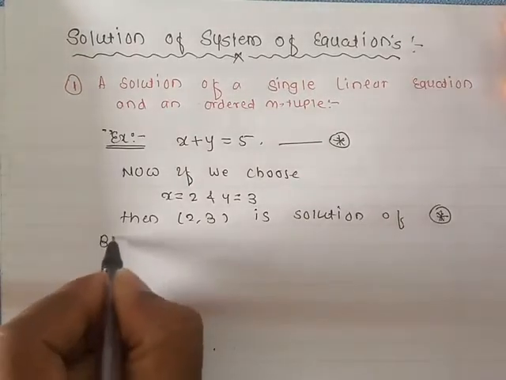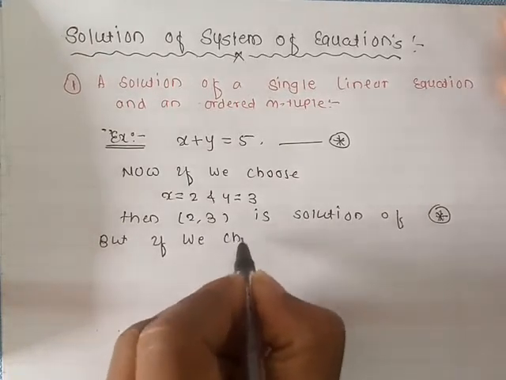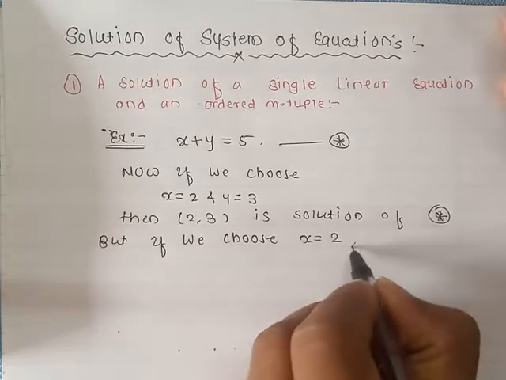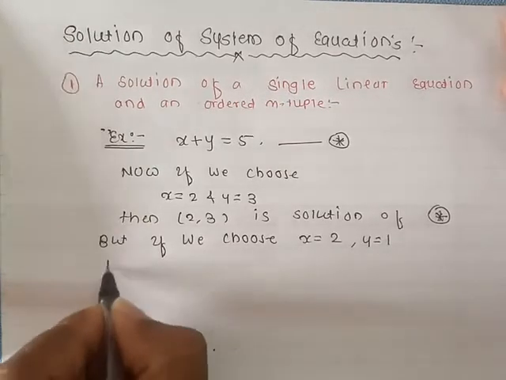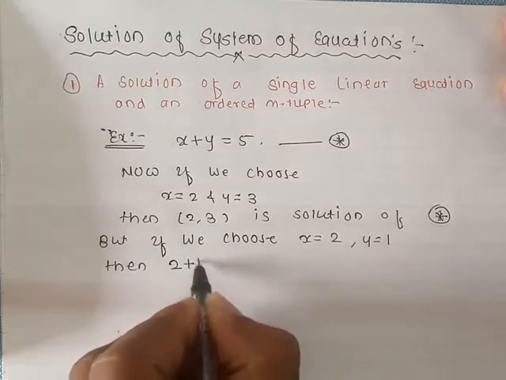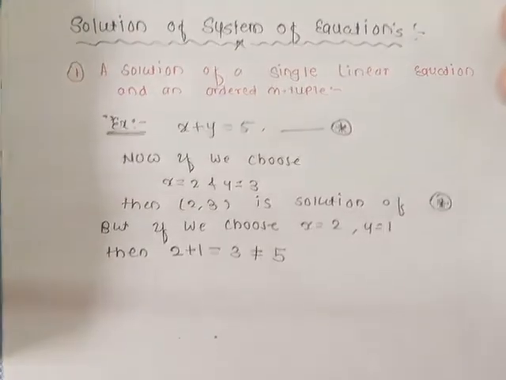But if we choose x equal to 2 and y is equal to 1, then 2 plus 1 is equal to 3, which is not equal to 5.